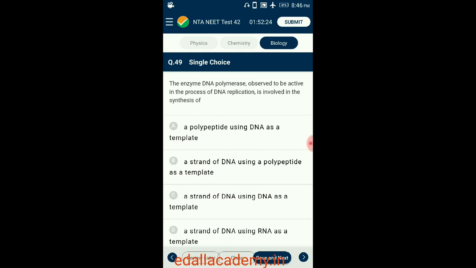Thus, it uses the old DNA strand as a template to make a new strand by adding nucleotides one by one. Reverse transcriptase has the ability to make DNA using RNA as a template. Now, the answer for this question is option C. A strand of DNA using DNA as template. So the correct option is C.